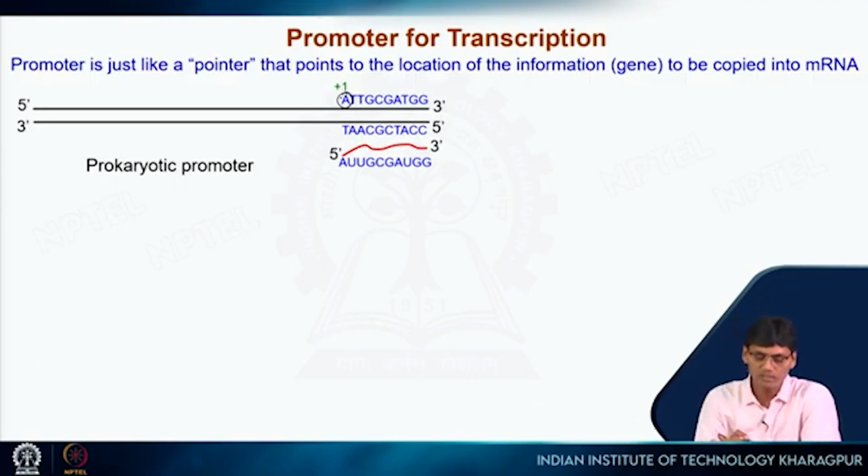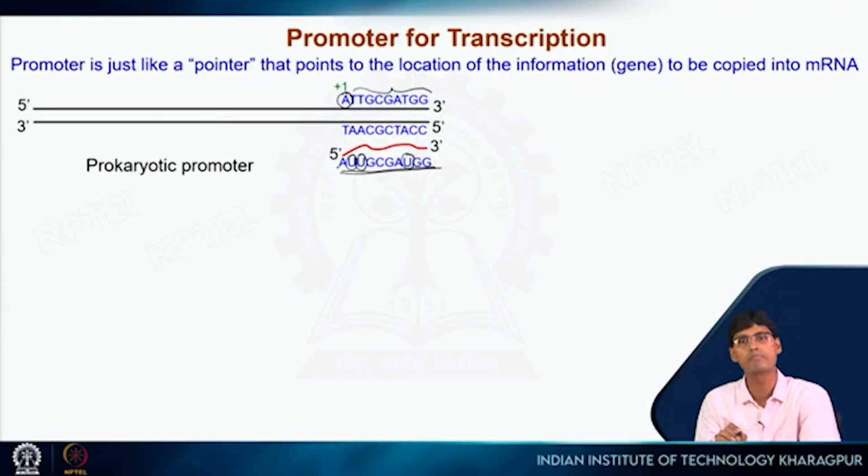In case of this gene, when it gets transcribed, as I just mentioned in the previous slide, after transcription we are getting this product, this A, U, U, G, C written here. Now, this sequence is exactly similar to this sequence, only instead of T, we have U here. That's all.